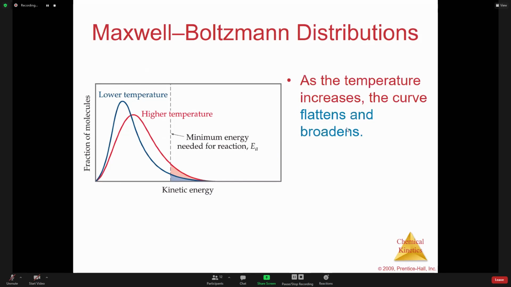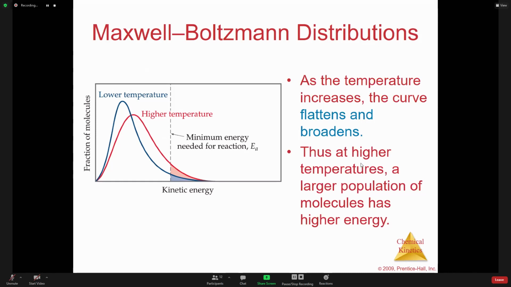So as the temp increases, the curve flattens and broadens, which means there's a larger fraction that's past that activation energy. So some of you will be picking temperature tomorrow to mess with. This is why. Or a different lens of looking at why it works out. Higher energy, they can get over that hump.